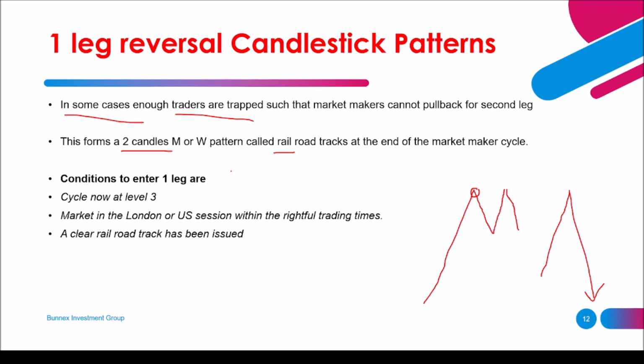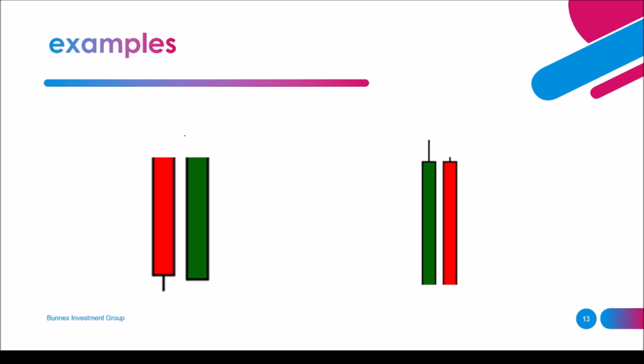So we are saying the conditions to enter one leg are, or should always be: cycle now at level 3, market in the London or US session within the rightful trading times, a clear railroad track has been issued, and you enter without fear.